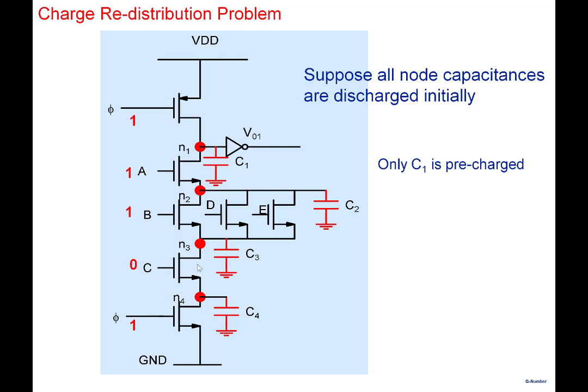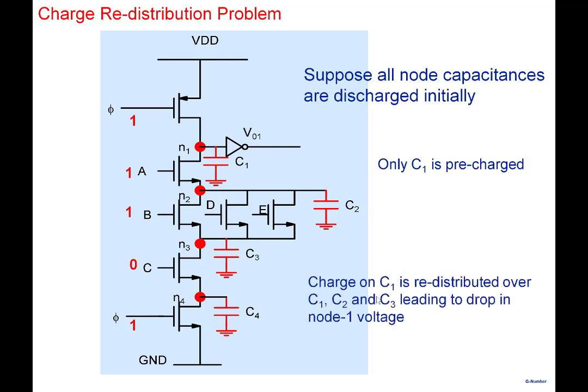So what would happen is the charge on this particular capacitor will now redistribute, because this transistor is on, it will start to charge C2. C1 will charge C2, and because D and all these are also on, it will start to charge C3 also. So the charge on C1 is now redistributed over C1, C2, C3.